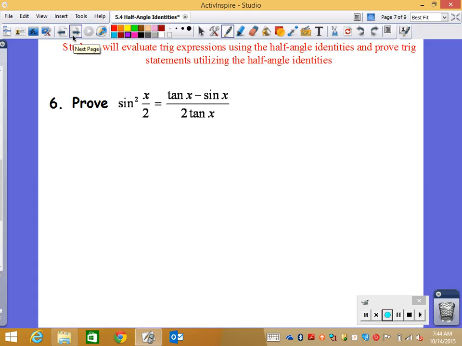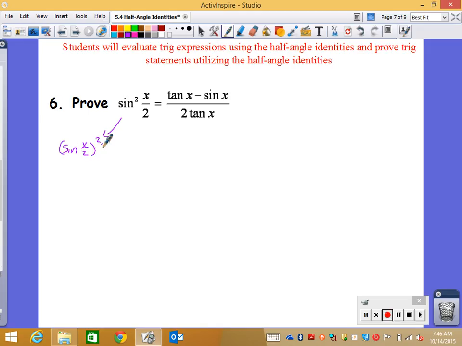Lastly, we're going to prove this ugly looking thing. Now I know I said when I prove identities, you don't touch the right hand side. But I'm going to manipulate both sides just to illustrate this. So I'm going to start by manipulating the left hand side. Now I can write this as sine of x over 2 all squared.